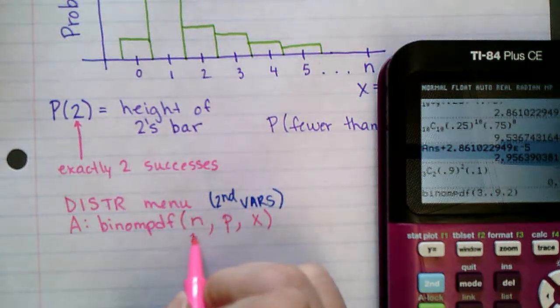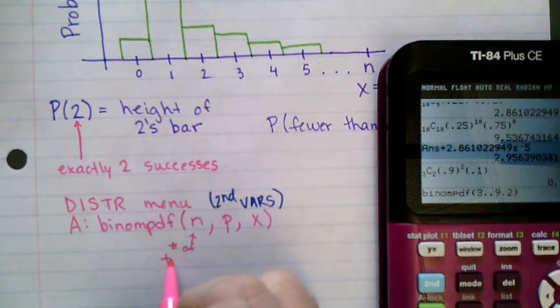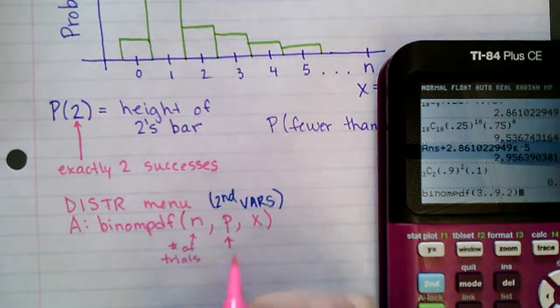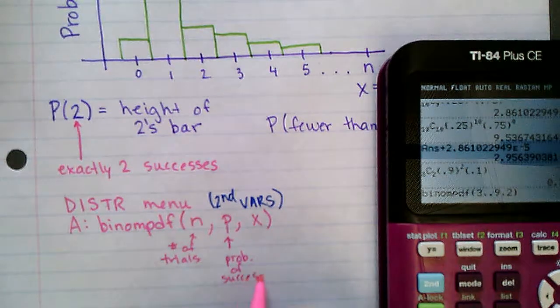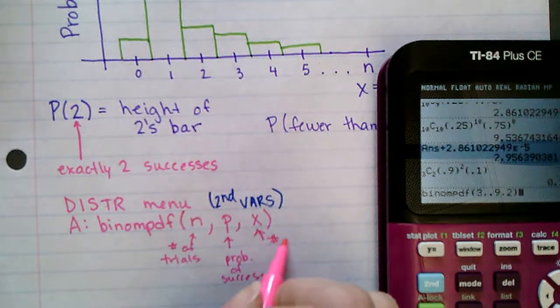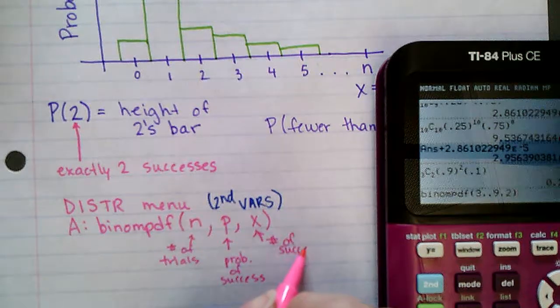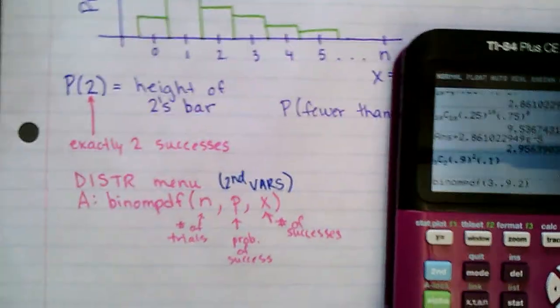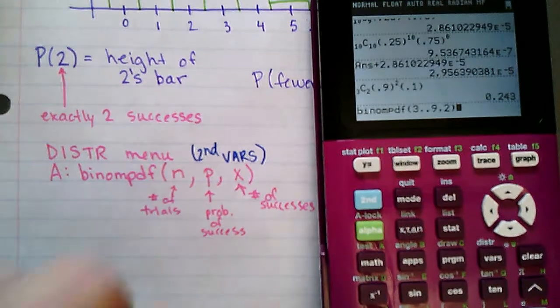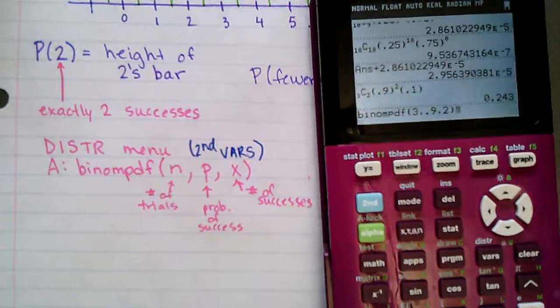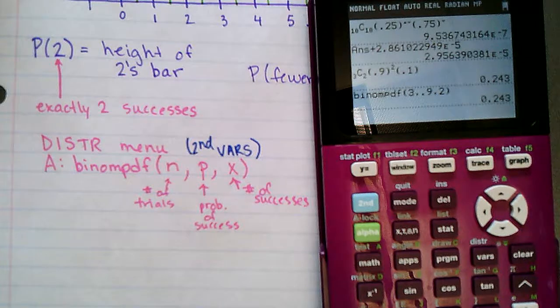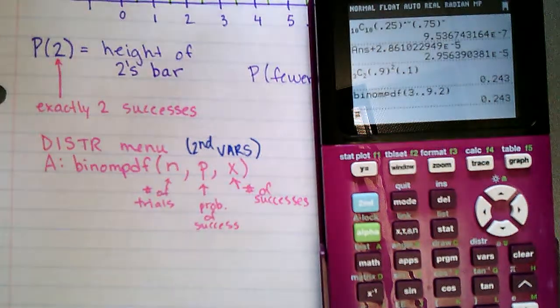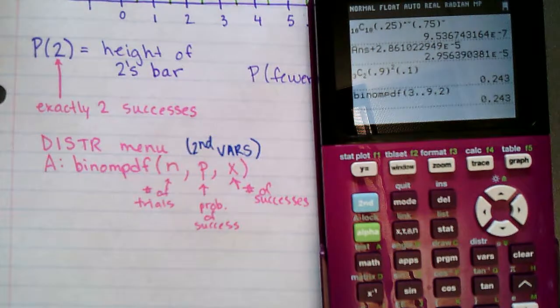Remember, n was the number of trials, p was the probability of success, and x was the number of successes. If you have to type it in, then your screen should look like that. Then you hit enter, and it will tell you the value is 0.243. So you can see that you got the same value using your calculator that we got when we did it by hand.